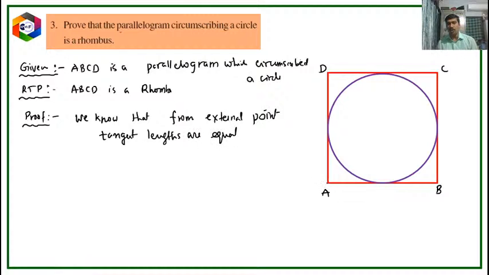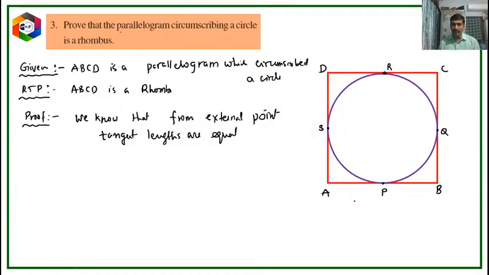If you draw tangents from an external point to a circle, no doubt at all those tangent lengths are always equal. Let us assume the points of contact as P, Q, R and S.